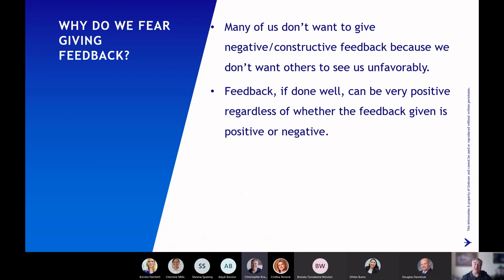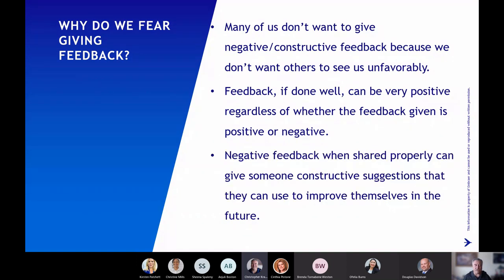And the thing that you've got to keep in mind is feedback, if done well, can actually be very positive, regardless of whether the feedback that you're giving is positive or negative.